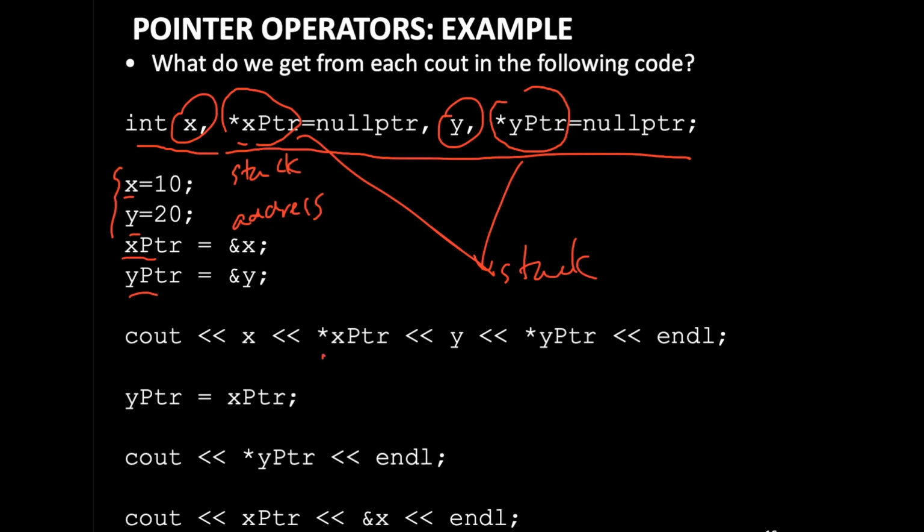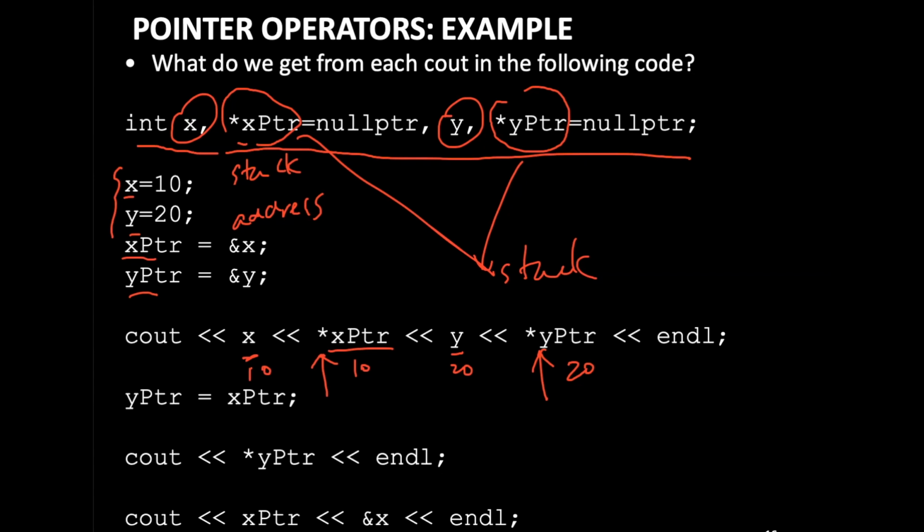Now, let's apply the indirection operator or the dereference operator on x and y and see what we have. The first x, when printed, is going to give us 10. y is going to be 20. When we dereference xPtr, which points to x, we're going to get back x's value, which is 10. When we dereference yPtr, which points to y, we are going to get back y's value, which is 20.